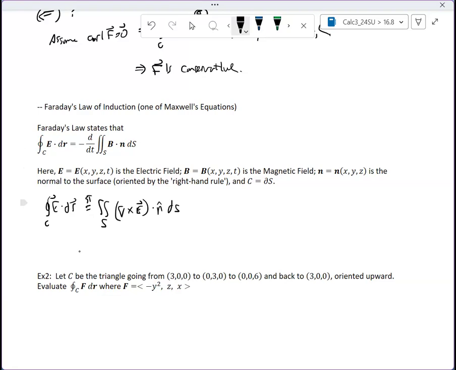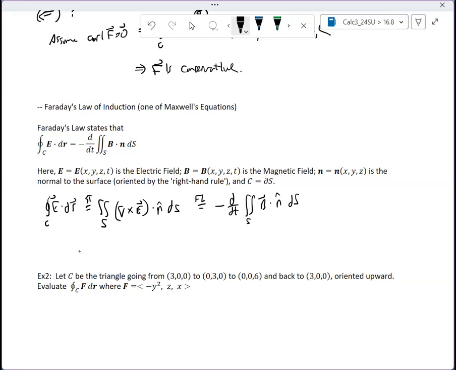So on one hand, that's what the line integral equals. On the other hand, by Faraday's law, the line integral equals negative d by dt of the magnetic field B dotted with N dS.